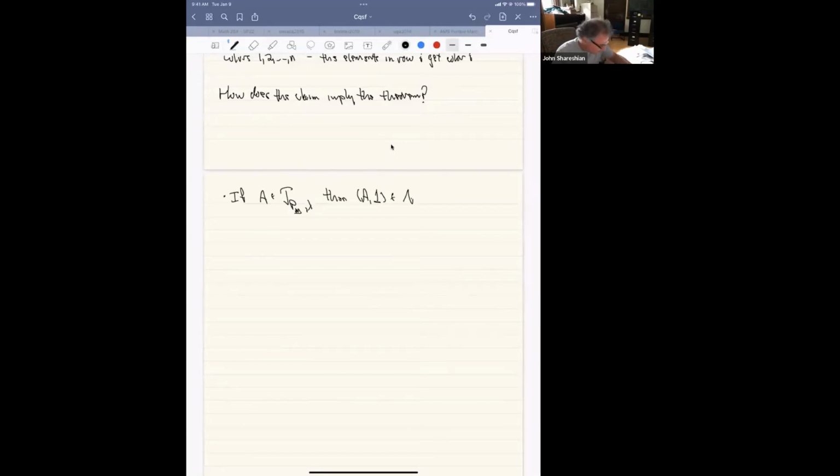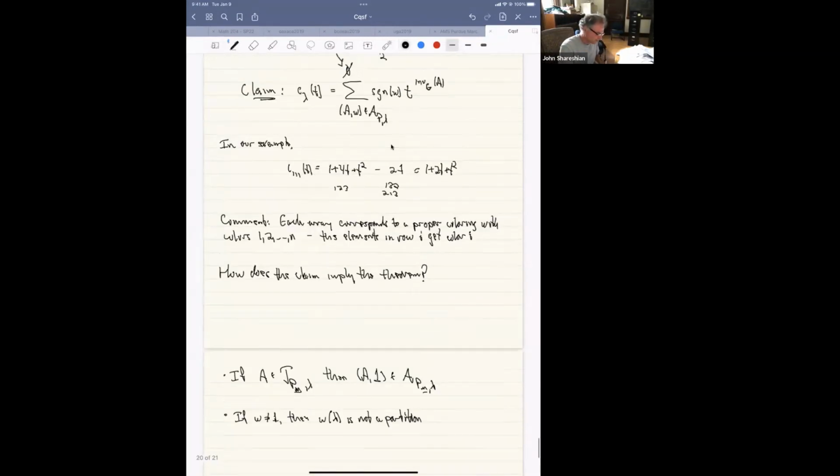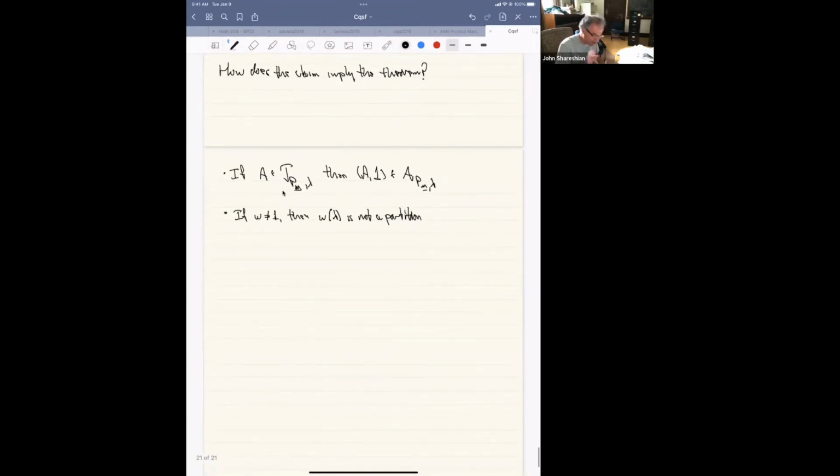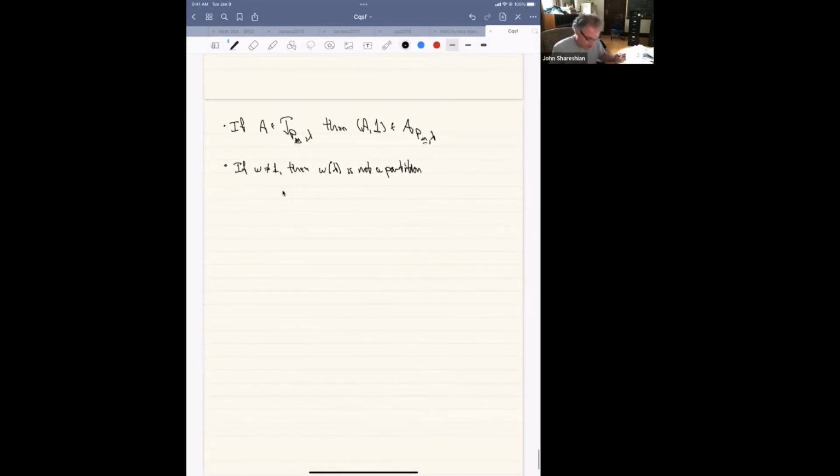Right? And if W is not 1, then W of lambda is not a partition. Right? So, I mean, there are some examples, right? None of these is a partition. That's straightforward to confirm if you're keeping track of the notation.